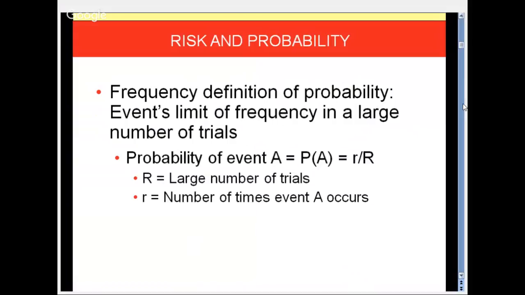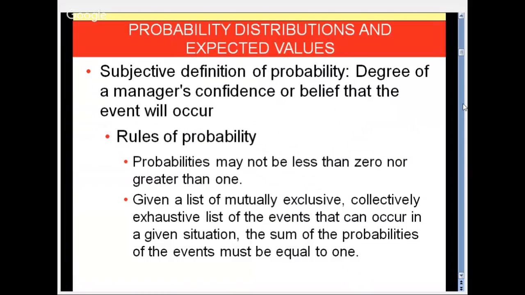So little r over big R gives you the probability. Fairly straightforward. A subjective definition of probability is the degree of a manager's confidence or belief that an event will occur. This is, of course, subjective probability. In other words, what do I think the probability is?